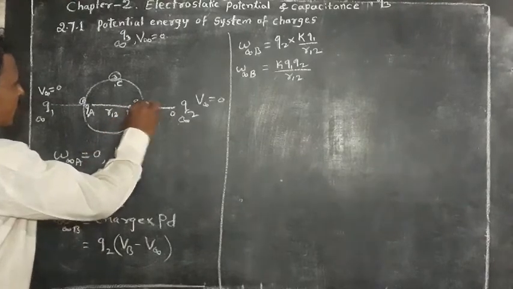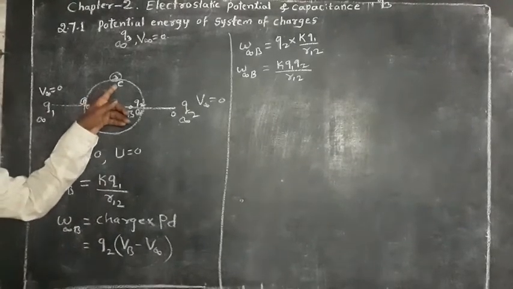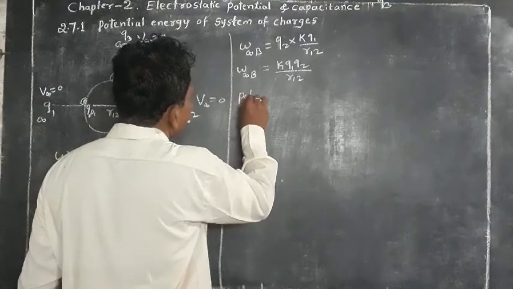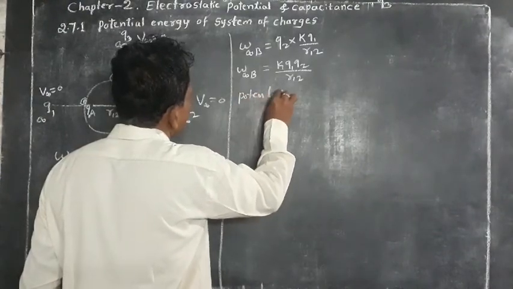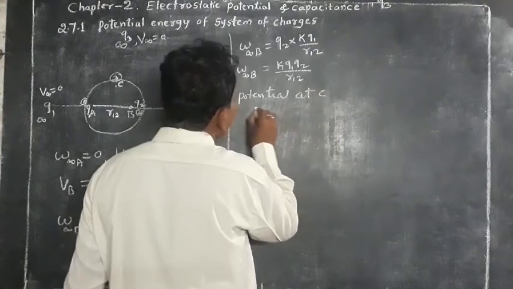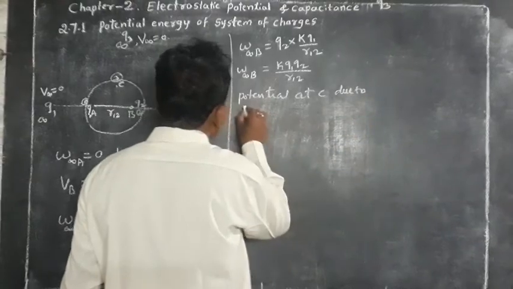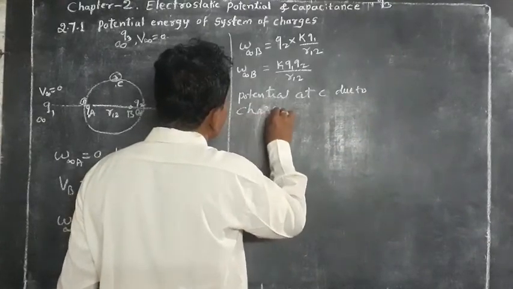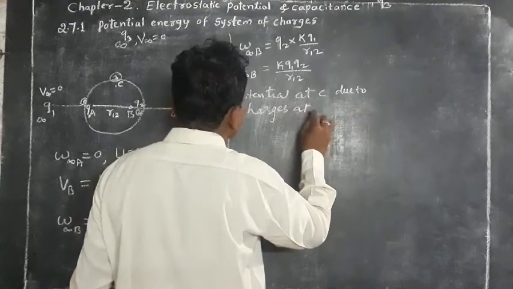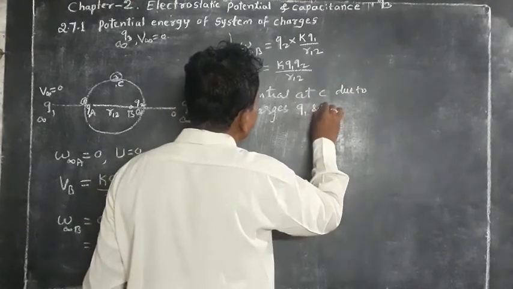Therefore, find the potential at C due to charges Q1 and Q2.